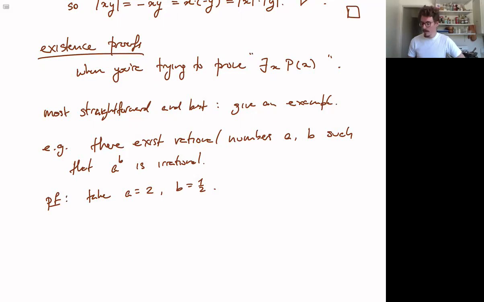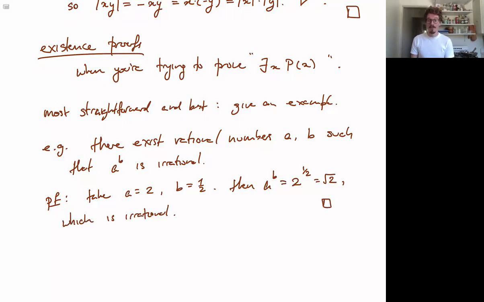These are rational numbers. And if we look at what a to the b is, this is 2 to the 1/2, which is the square root of 2. And you may remember that yesterday we proved that this is irrational. Cool. Proof complete. Easy enough.